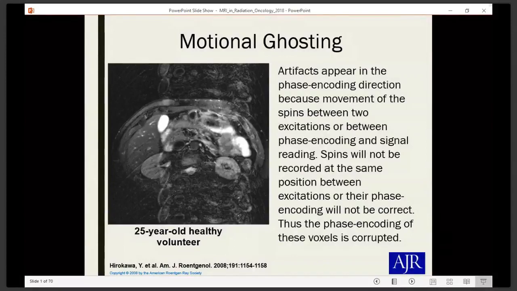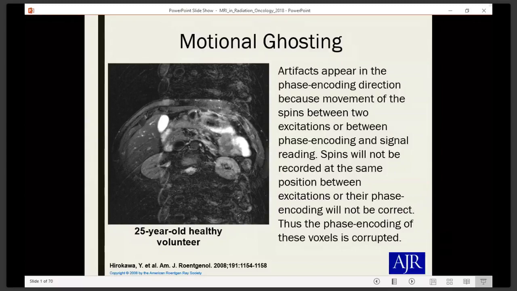Another issue is ghosting that's produced by motion in the patient, particularly breathing in this image of the abdomen. These types of artifacts appear in the phase encoding direction. So in this case, the phase encoding direction is anterior posterior.